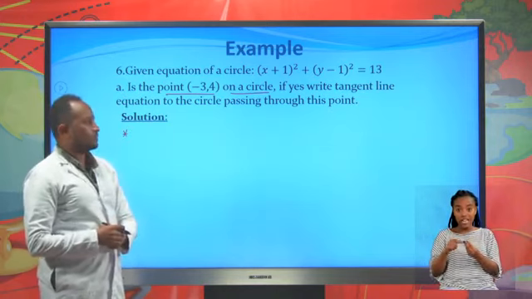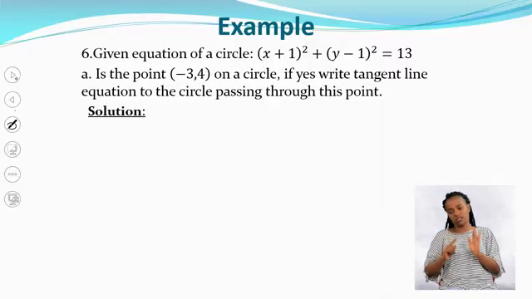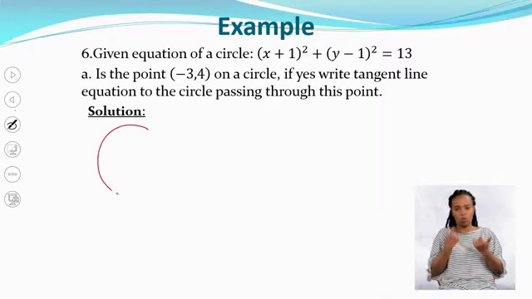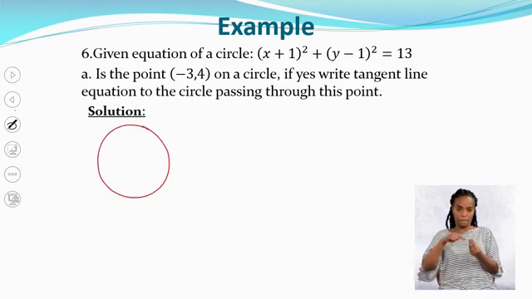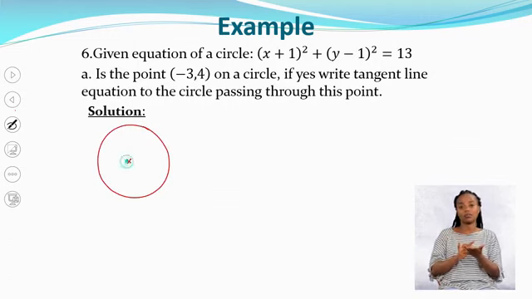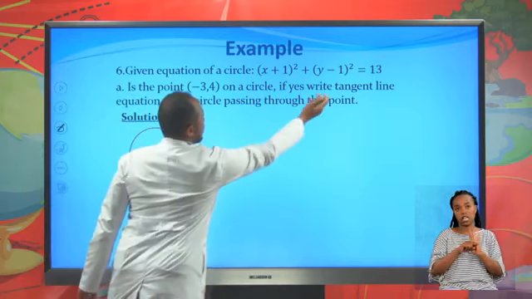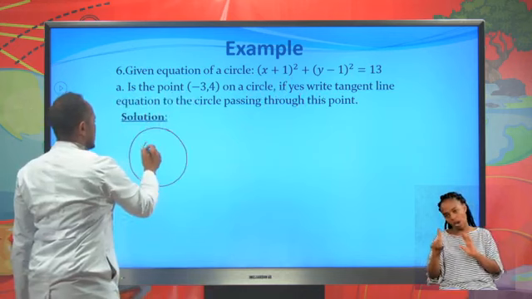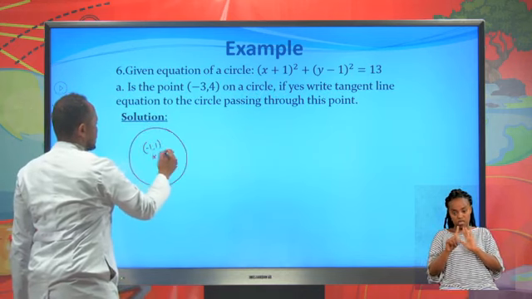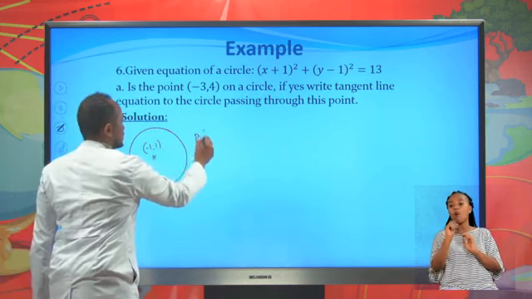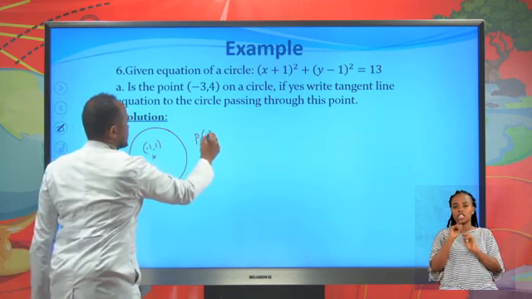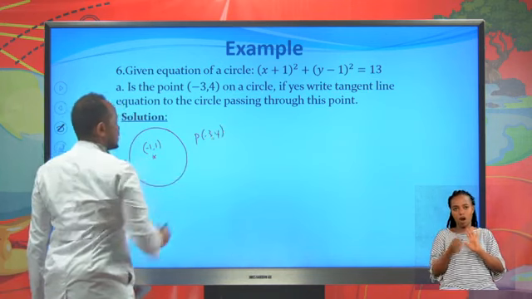How do you check that? Now we have the circle. The center is given to be (−1, 1), and the point is (−3, 4).